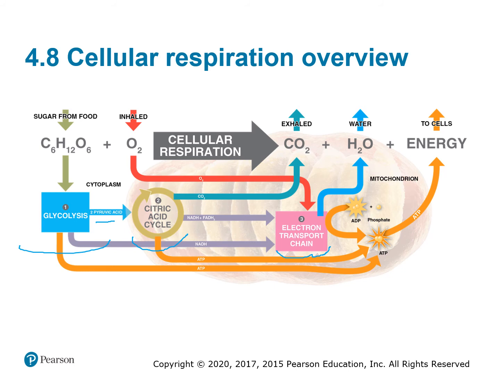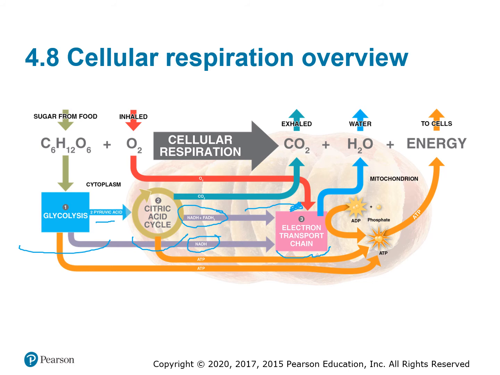High energy electrons are released and carried via NADH and FADH2 that ultimately then flows into the electron transport chain. And when it flows down the electron transport chain, energy is released, and that energy is used to synthesize ATP with the help of a really cool enzyme called ATP synthase.